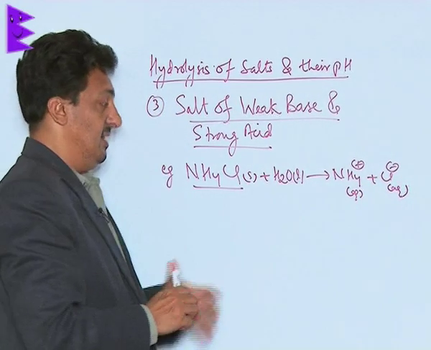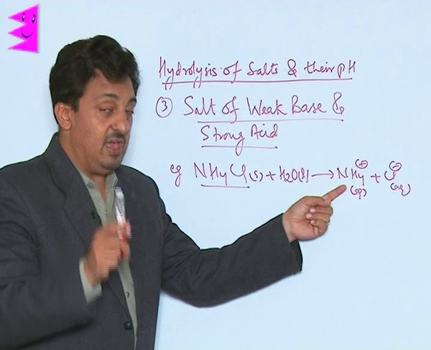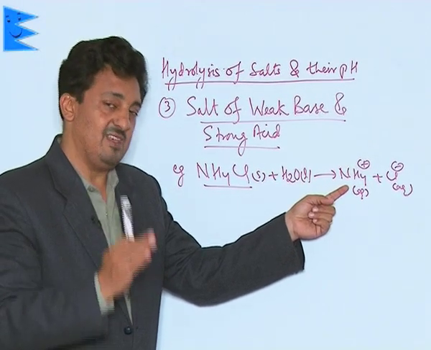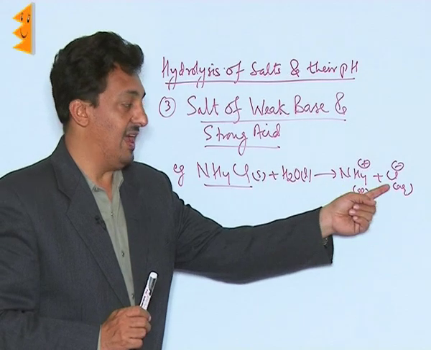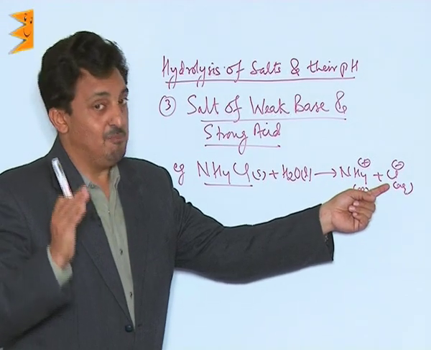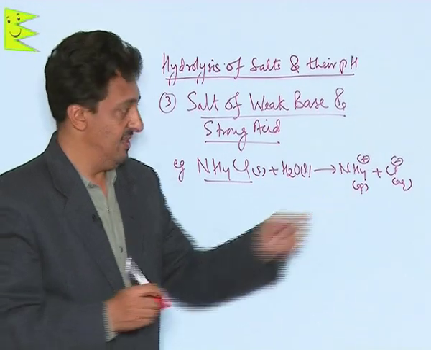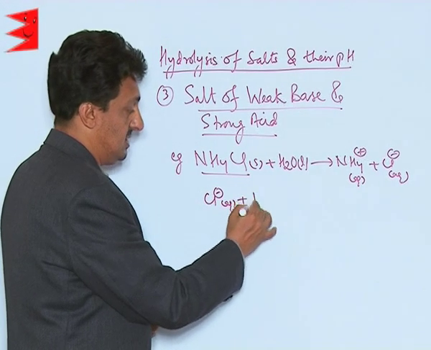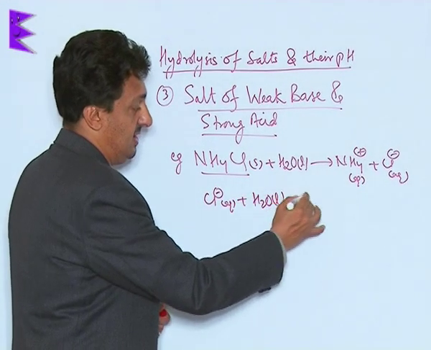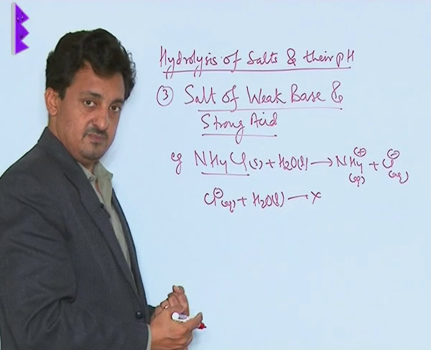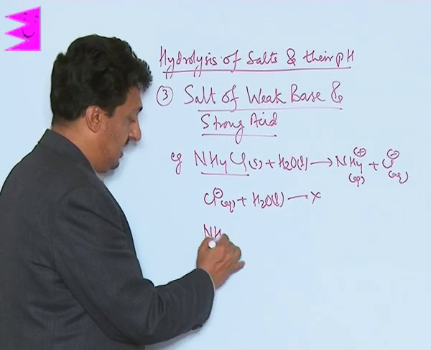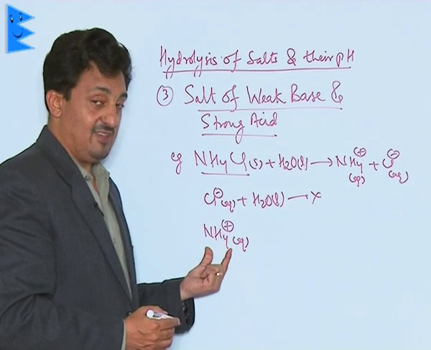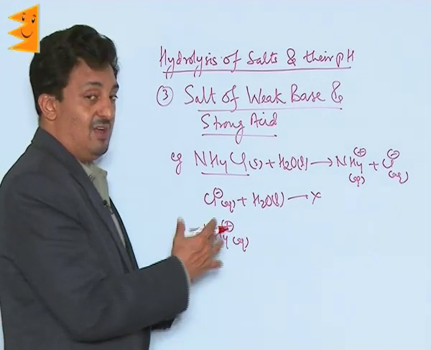Now remember, this ammonium ion is the conjugate acid of a weak base, which is ammonium hydroxide, whereas your chloride is the conjugate base of a strong acid HCl. Now this aqueous chloride ion will not interact with water in any case because it is very stable. But this ammonium ion, which is the conjugate acid of a weak base ammonium hydroxide, is not very stable.